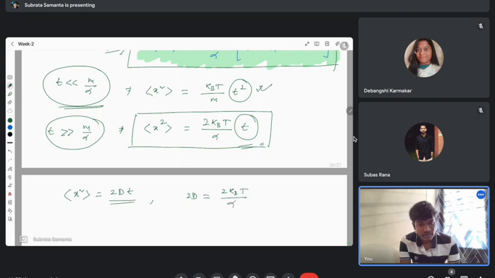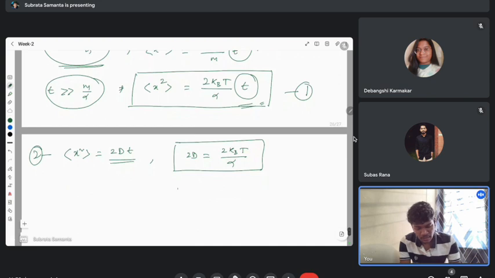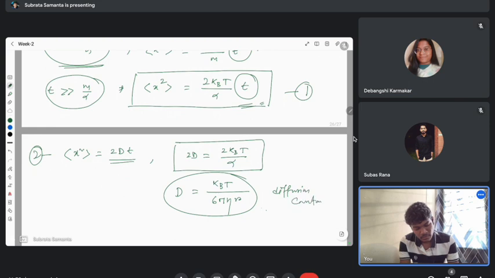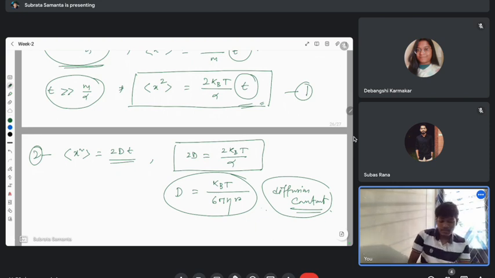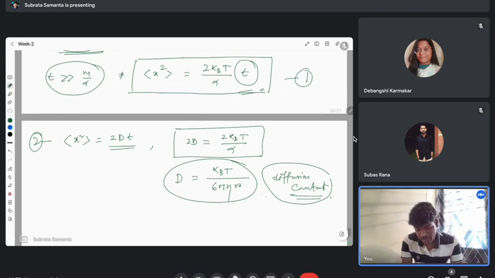If we match the two expressions, let's say this is expression 1 and this is 2, we compare 1 and 2, and we put the alpha, and we get that the D value is kBT by 6 pi eta r, right? So this is the diffusion constant, the diffusion rate.